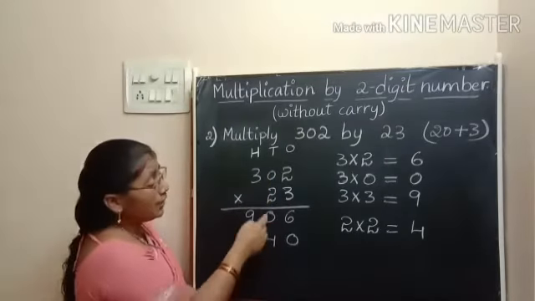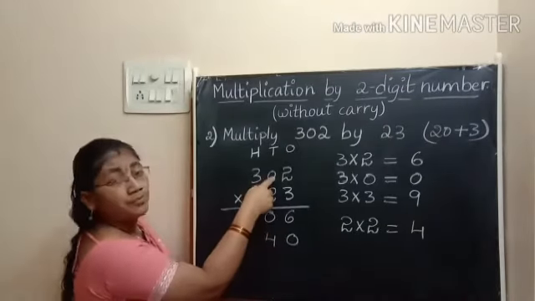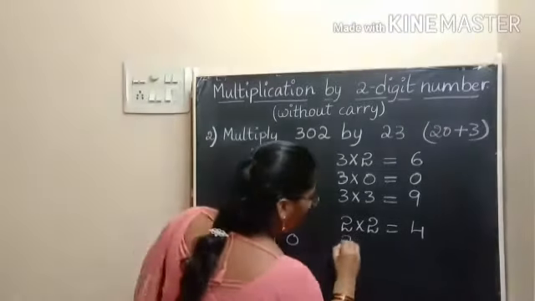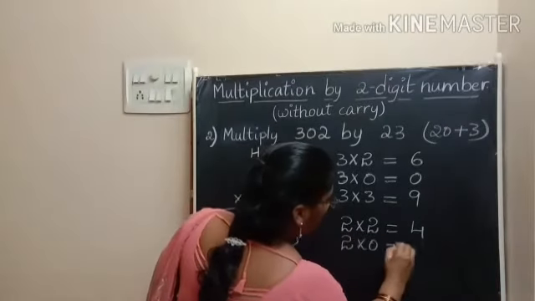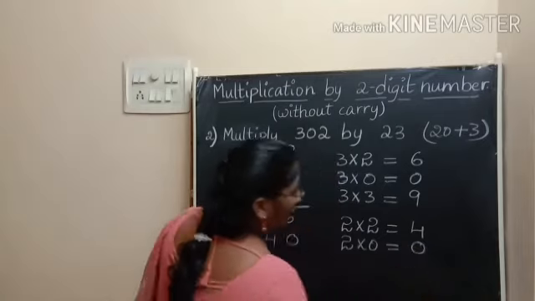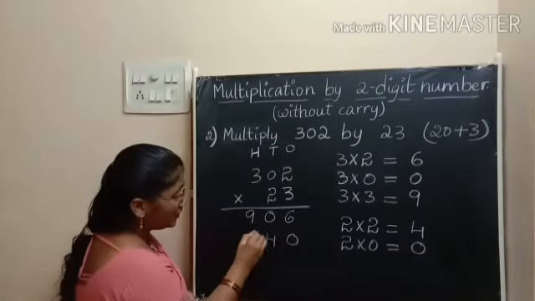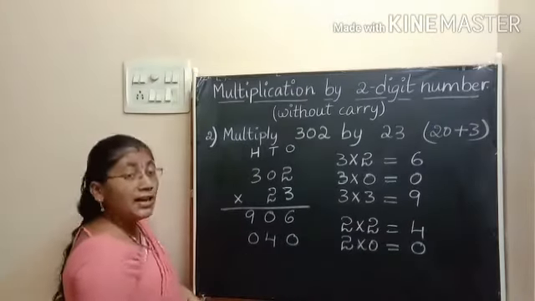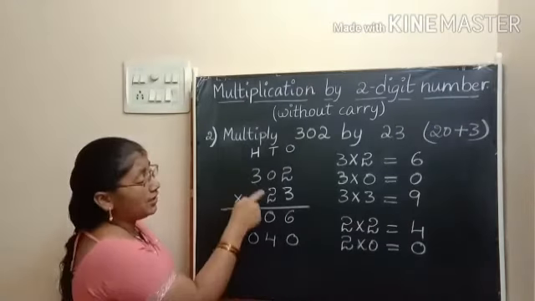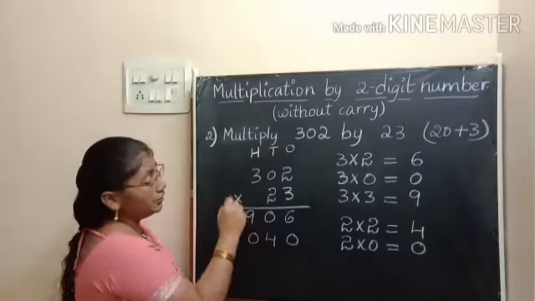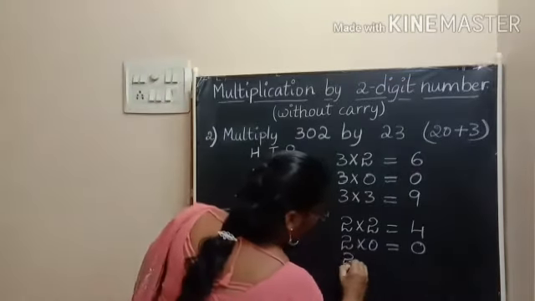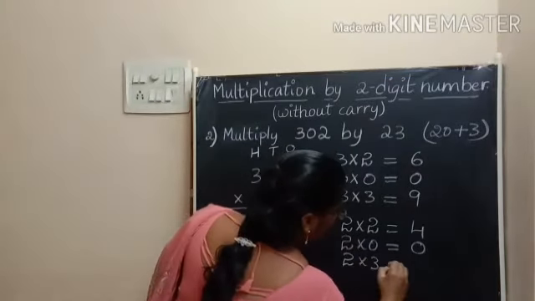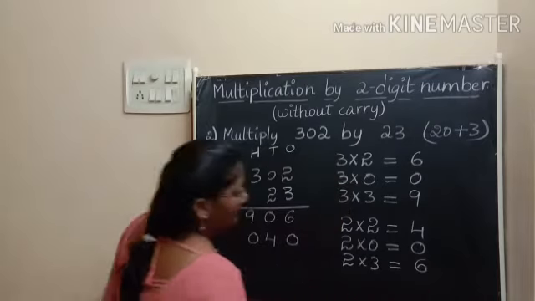Then we have to take 2 into 0. By multiplying with 0 we get 0 only, so we can write 0 below 9. Next we take multiplication between 3 and 2. 2 3s are 6.